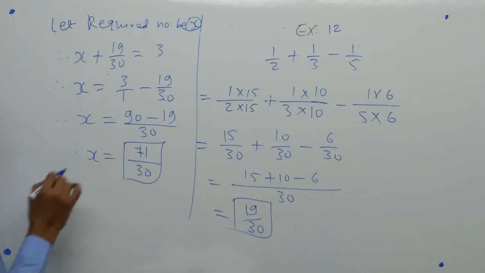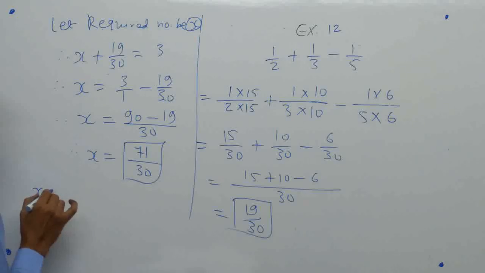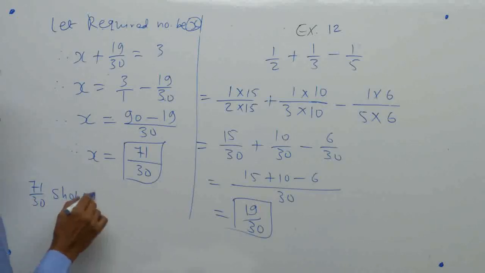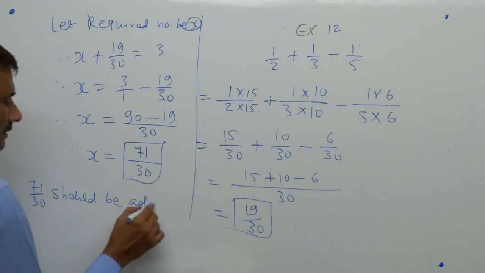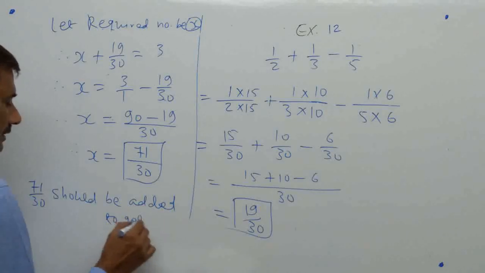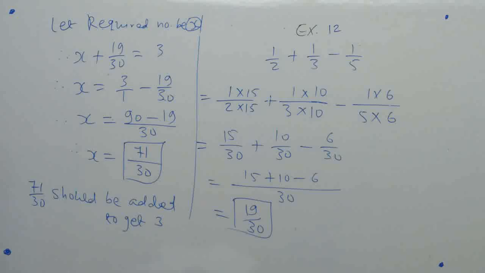So I can say 17/30 should be added to get 3. Okay, so that is our final answer. Again, whenever you suppose anything, the answer must be in statement form.